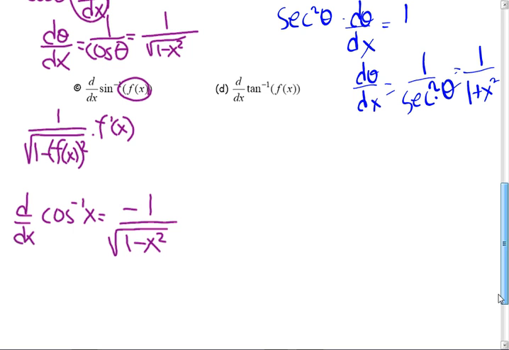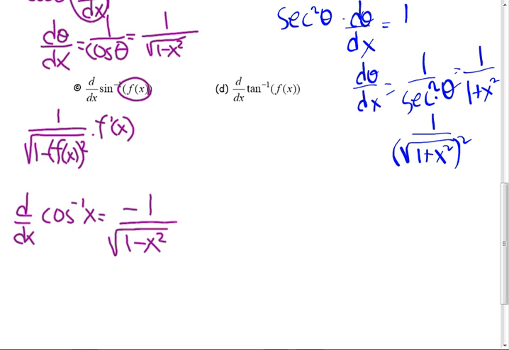So what's the derivative of the inverse tangent of f of x? Because you're squaring it. Because it's 1 over the square root of 1 plus x squared, squared. So what's this?